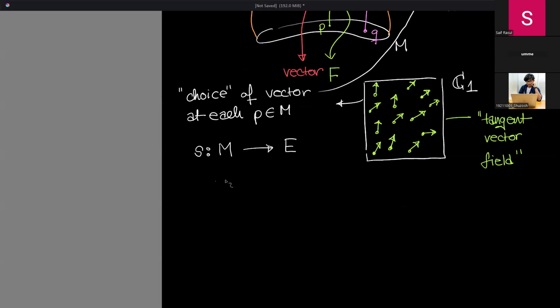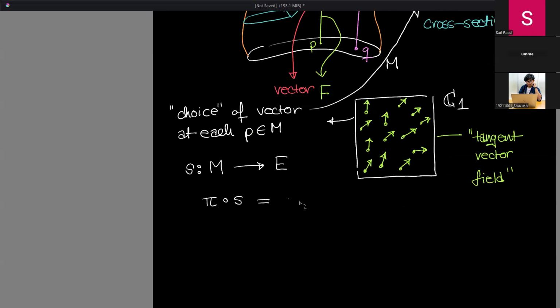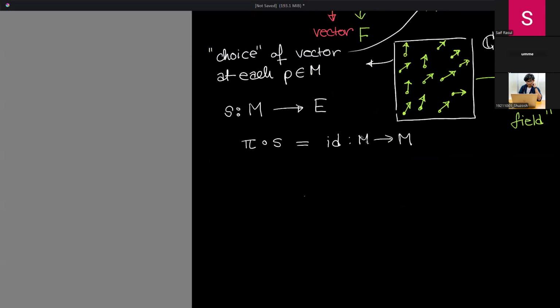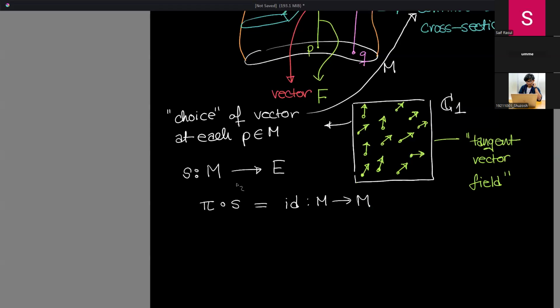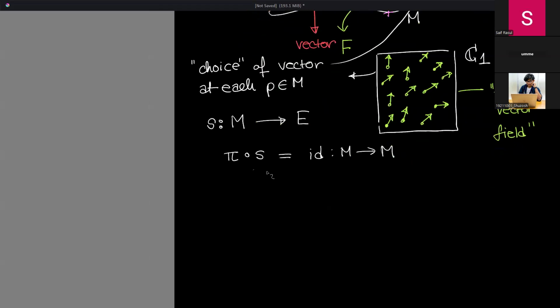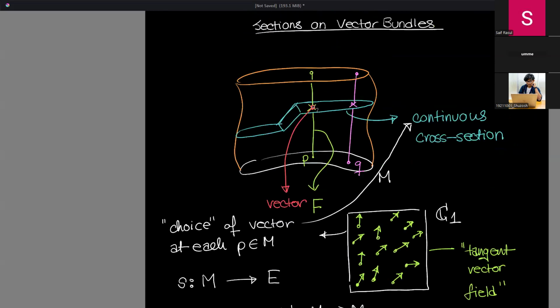But it is subject to a similar condition as the ones we've been looking at before, where this function, pi after s, has to equal the identity map on M. What does that mean? It's very similar to, I think, condition number 2 that we were looking at before. Pi after s means that once we take the section, if we were to take this vector here, pi needs to be assigning it its own base point, right?